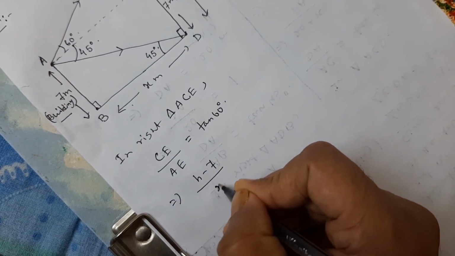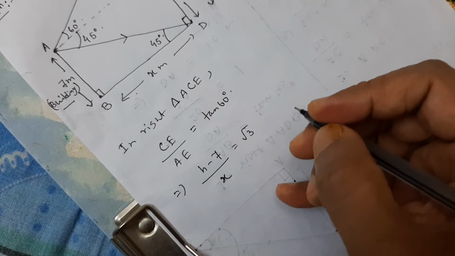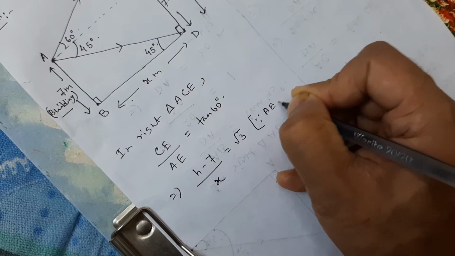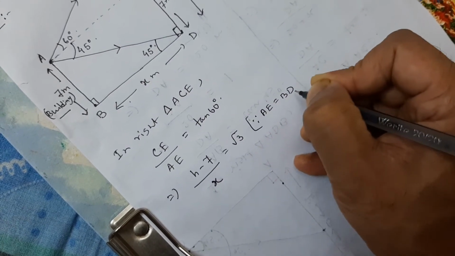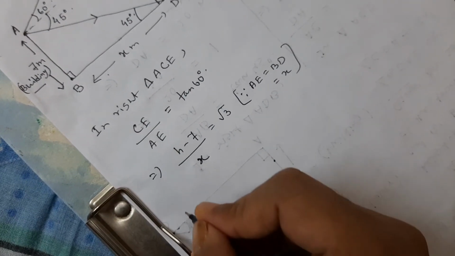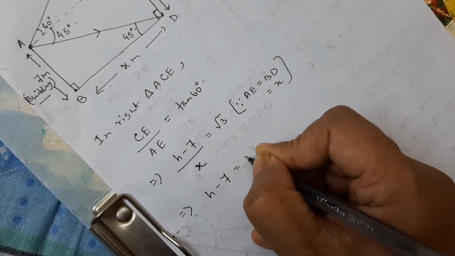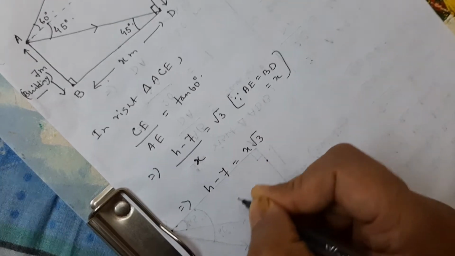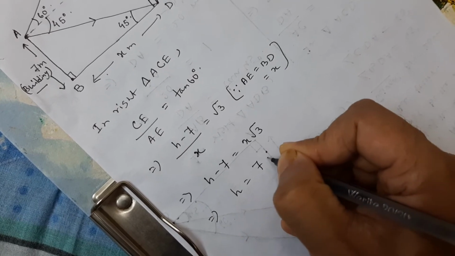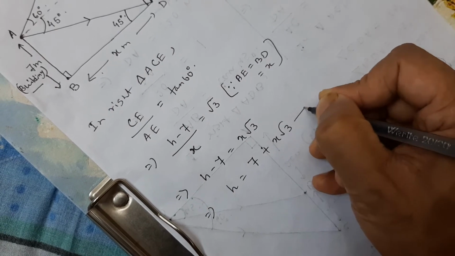So (H minus 7) by x equals tan 60, which is root 3. Cross multiply, H minus 7 equals x root 3, and H equals 7 plus x root 3. This is equation 1.